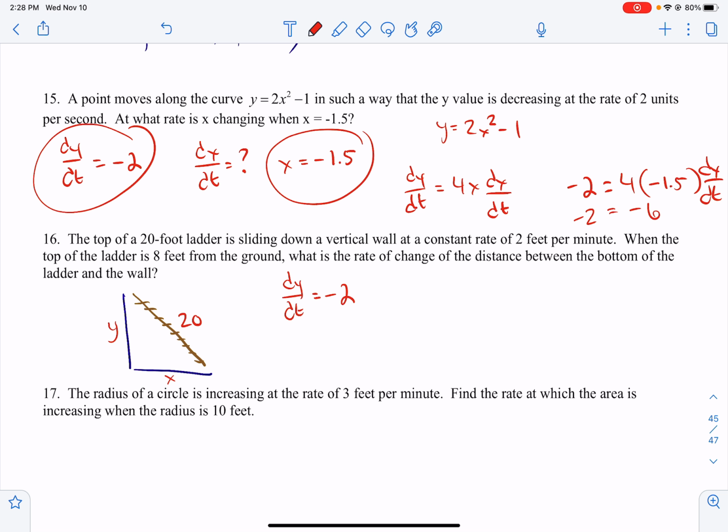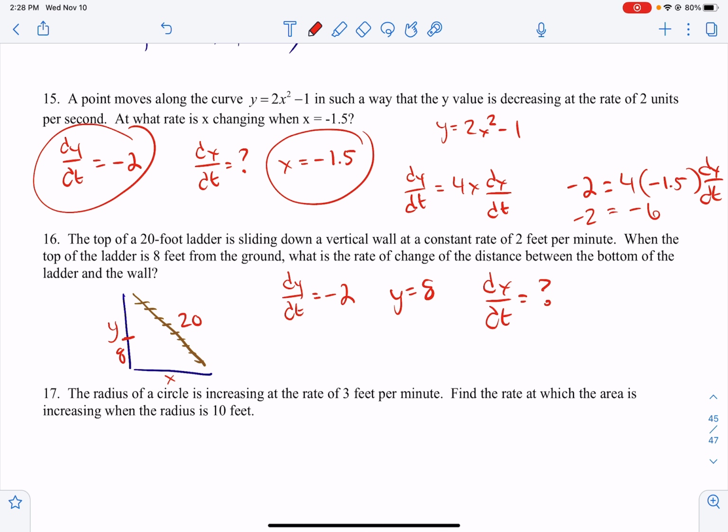So dy dt is -2 when the top of the ladder is 8 feet from the ground. So when the top of the ladder is here, that means my y is 8. When the top of the ladder is 8 feet from the ground, what is the rate of change of the distance between the bottom of the ladder and the wall? So what is dx dt? That's what it wants to know.